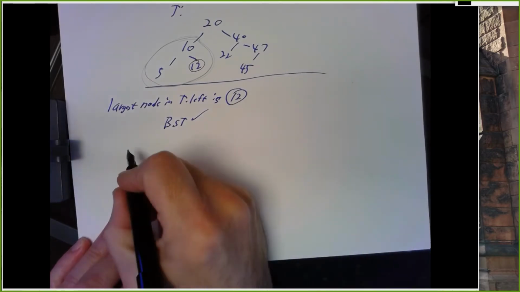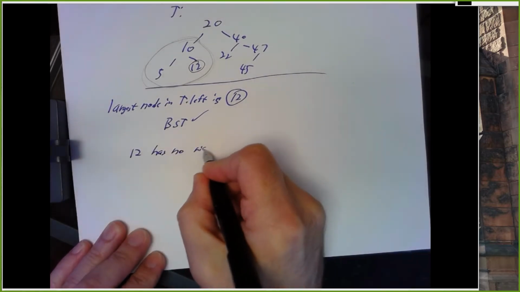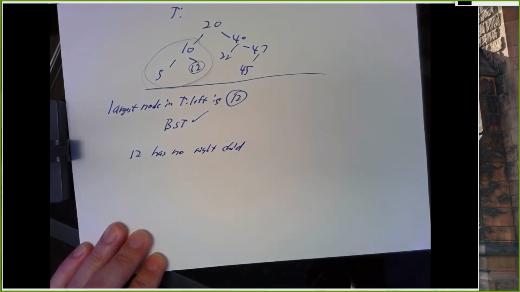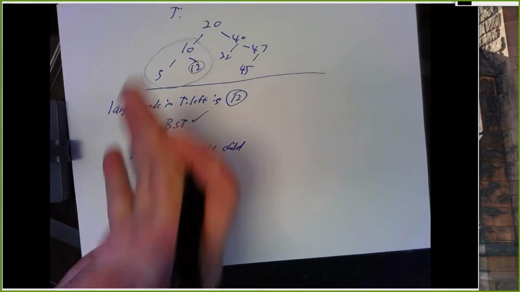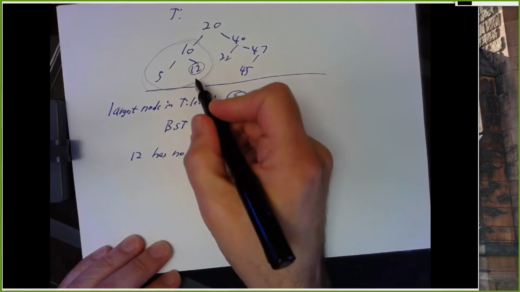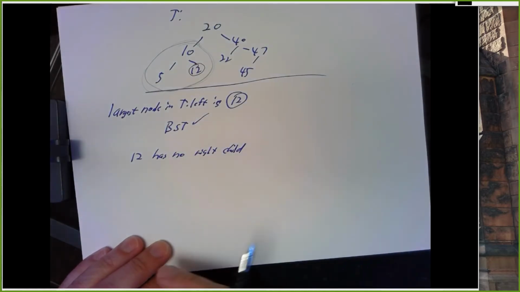The other thing to note is that 12 has no right child. And how do we know that 12 has no right child? Because it's the largest node in this subtree, and anything to the right of 12 would have to be bigger than 12, which means 12 would not be the largest thing in that subtree.